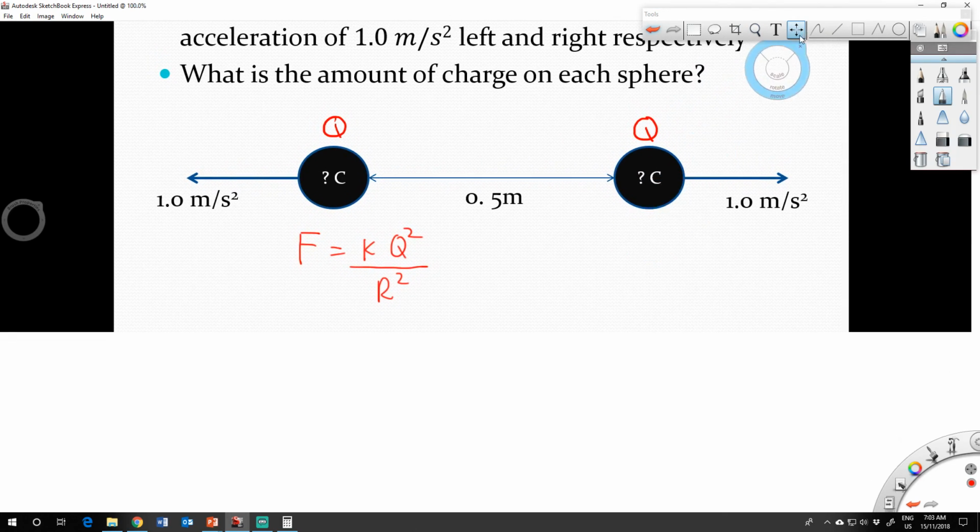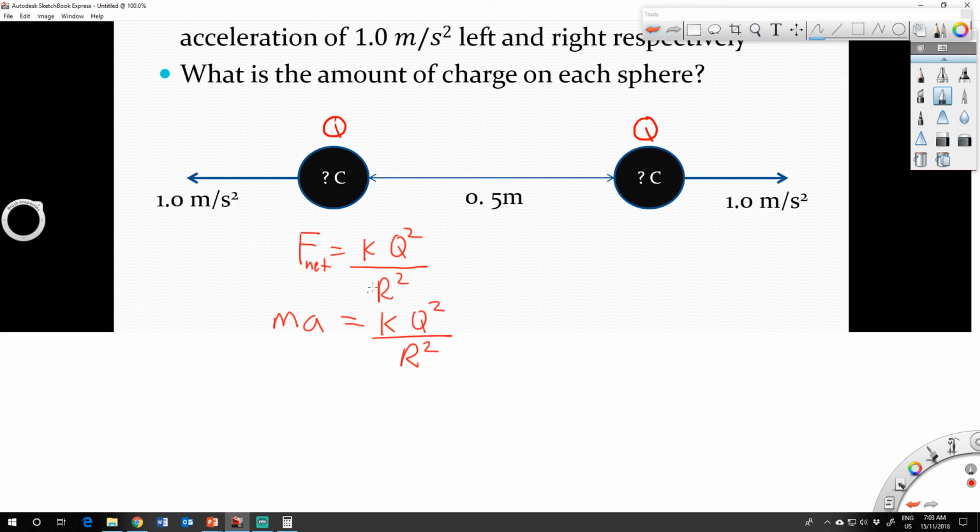I can immediately put that in, and then I can change that to mass times acceleration equals K Q squared over R squared, like that.